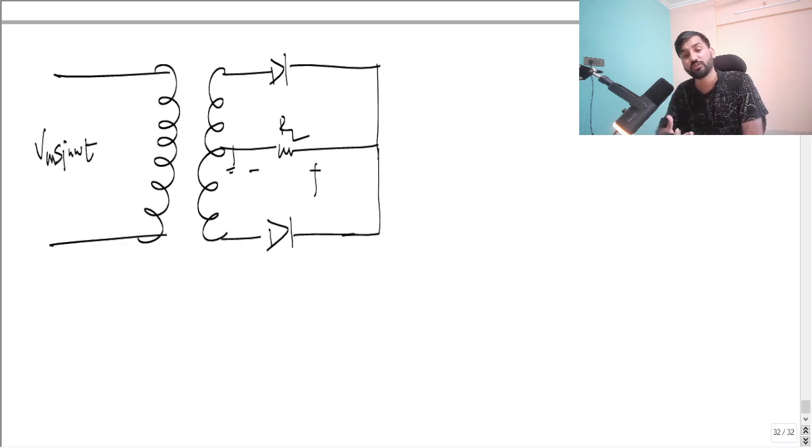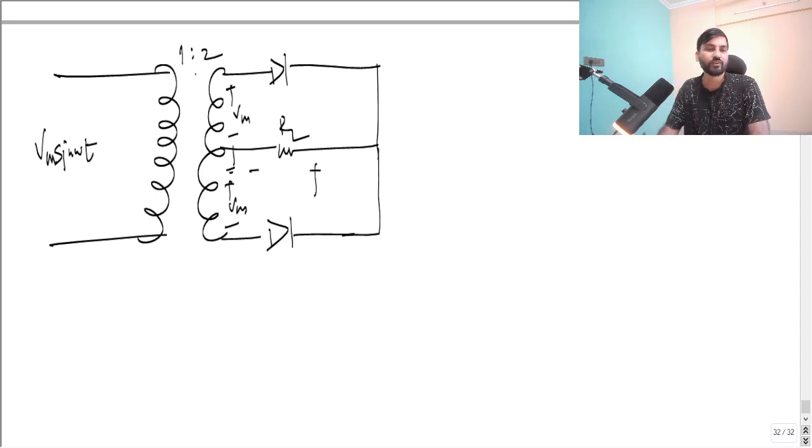In your classroom, most of the time, or in a reference book, you will find the 1:2 ratio. So we directly write here Vm and Vm, but we can't have 2 Vm in total because of this ratio. The turns ratio is given, that is 1:2.